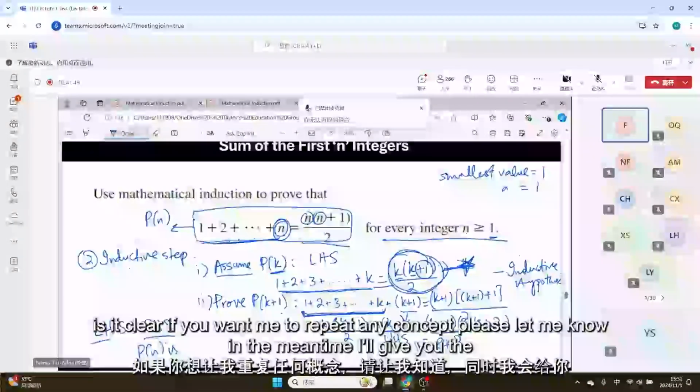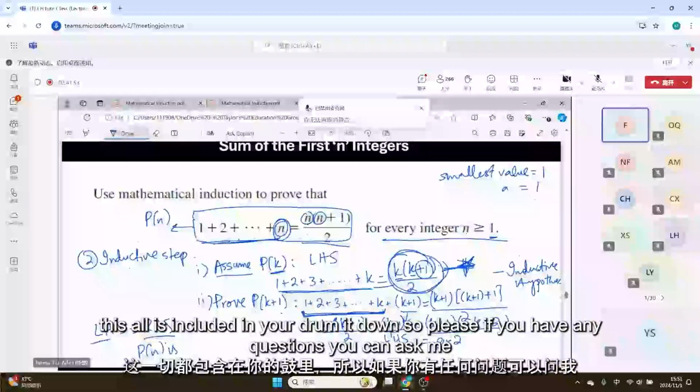In the meantime, I'll give you the attendance code. This is all included in your midterm, so if you have any questions, you can ask me.